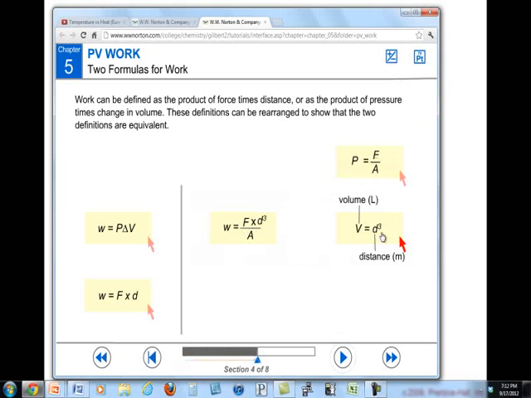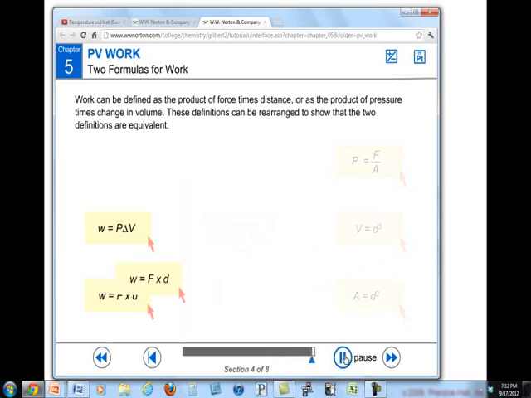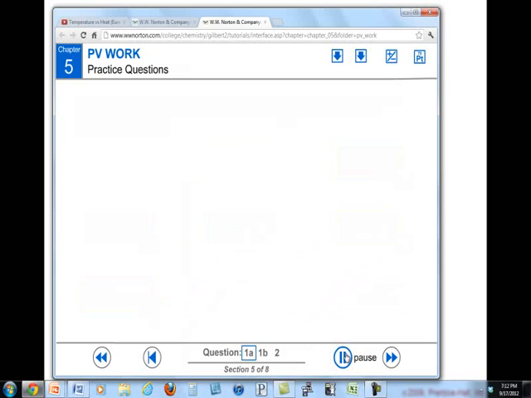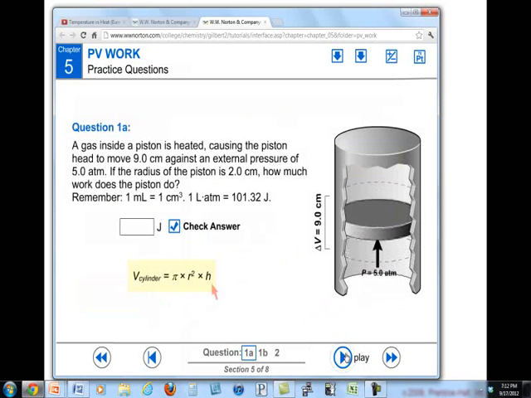Volume is the same thing as distance cubed, and area is distance squared. Those will cancel out, and you have force times distance. Just shows you how we arrived at work equals pressure times delta V. So if you want to come back here and take a look at these problems, you can do that, but we're going to go ahead and move on.